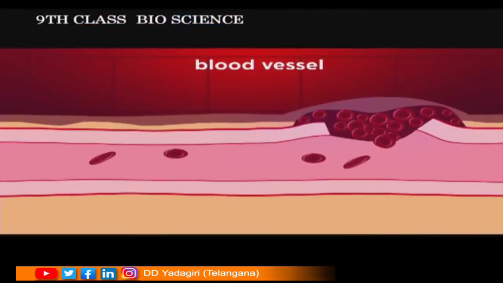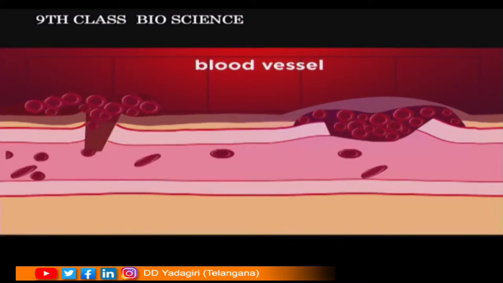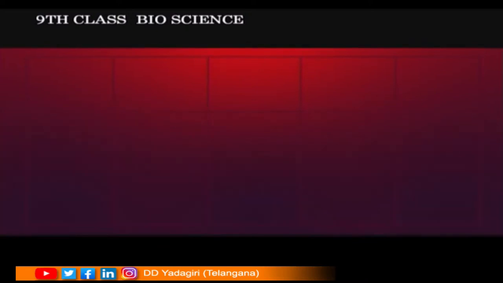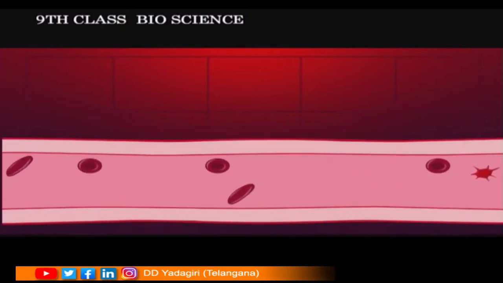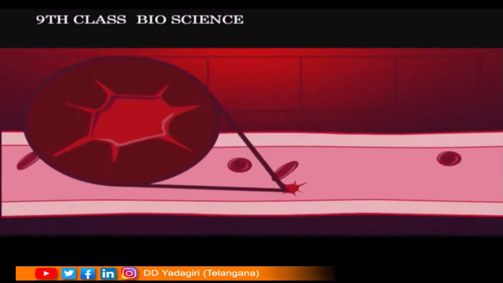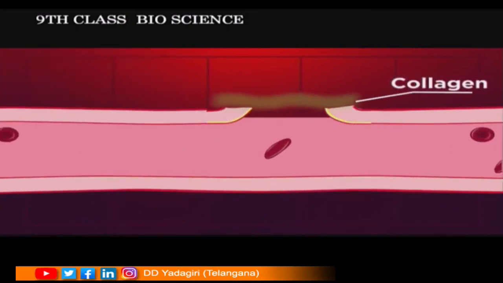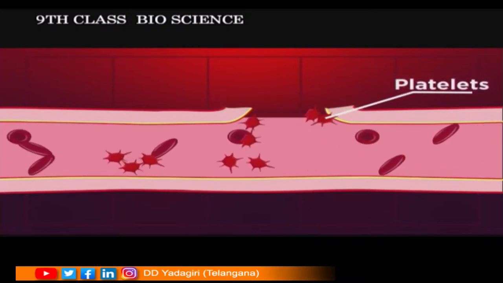Children, observe this video. In this video, you can see blood flowing in the veins. Suddenly, if you get hurt, you can see the blood cells coming out. So, who is helping the blood clotting? Blood platelets. See here, children. When the blood is flowing along with the red blood cells, even blood platelets are moving. And when it suddenly detects that you have got a wound, the blood comes out.